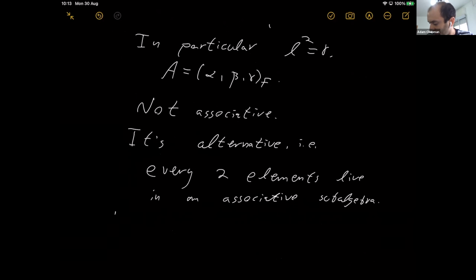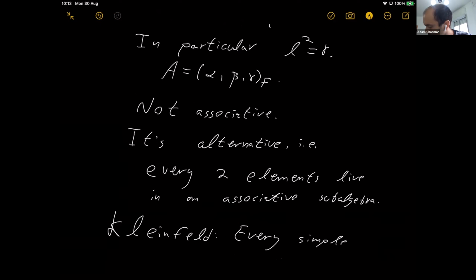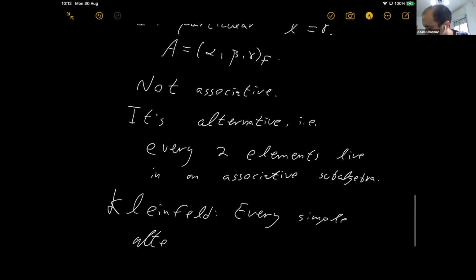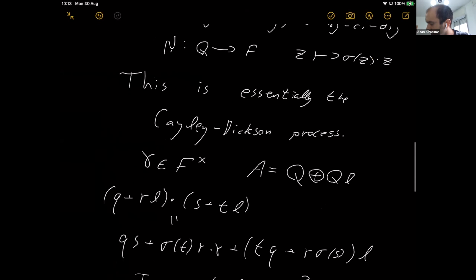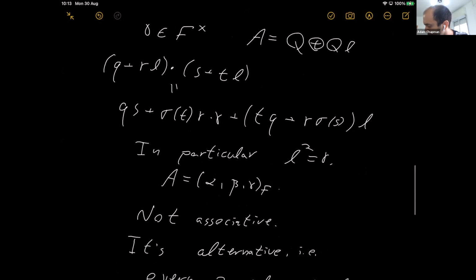So apparently by Kleinfeld's theorem, every simple alternative algebra is either associative or Octonion. I mentioned it while speaking, but this algebra is what we call an Octonion algebra.